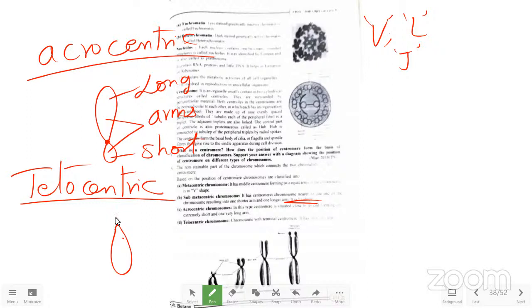Otherwise, the centromere has completely moved to one pole. That is the telocentric chromosome. And during cell division, it gives a small I shape.